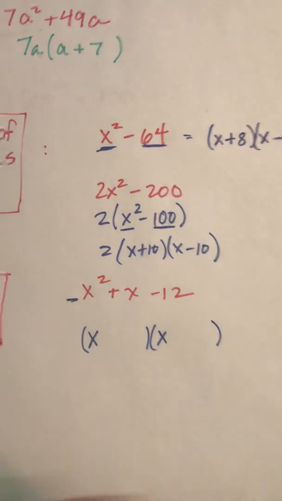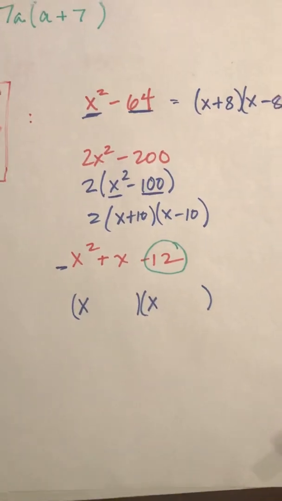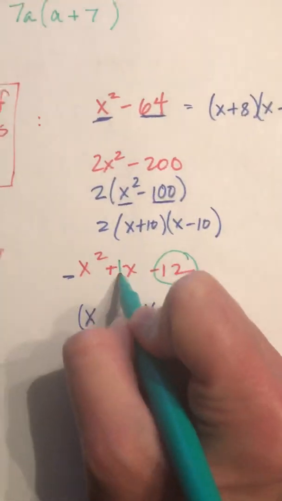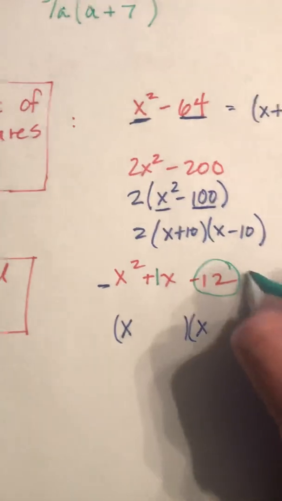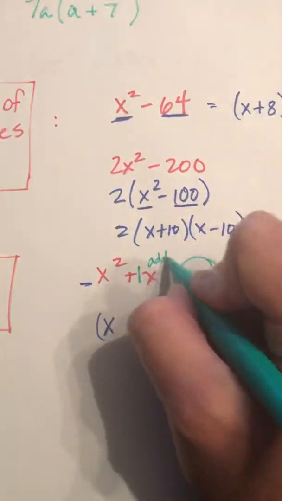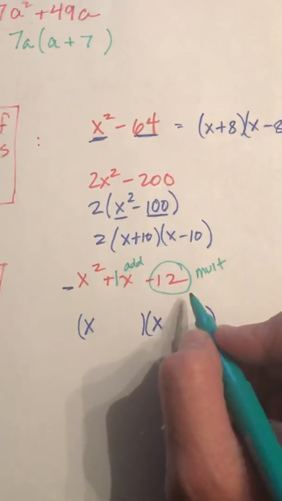Next, what you're going to look for is numbers that multiply together to give me negative 12 but add to the middle term. So you want them to multiply to this last term, but add to the middle term. So think of numbers that multiply together to give me negative 12.